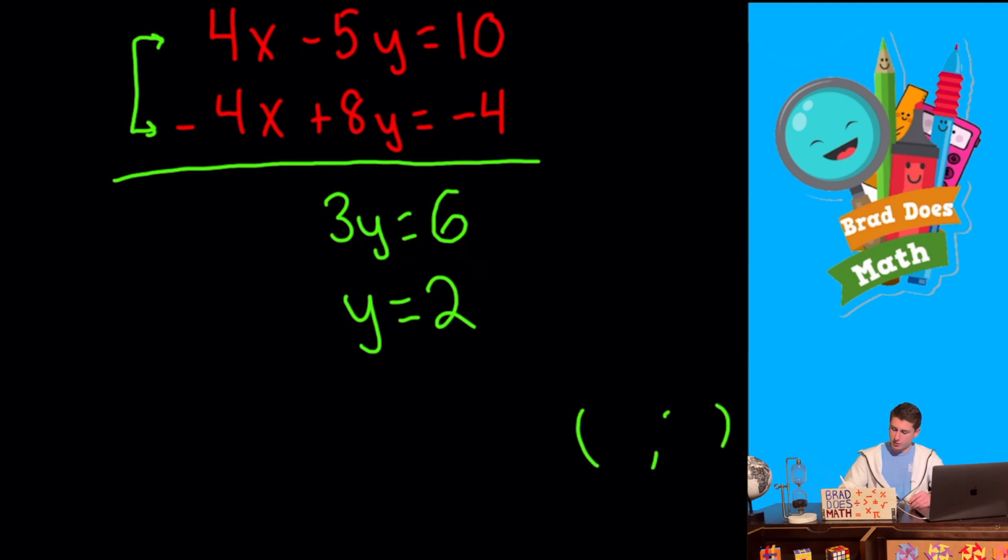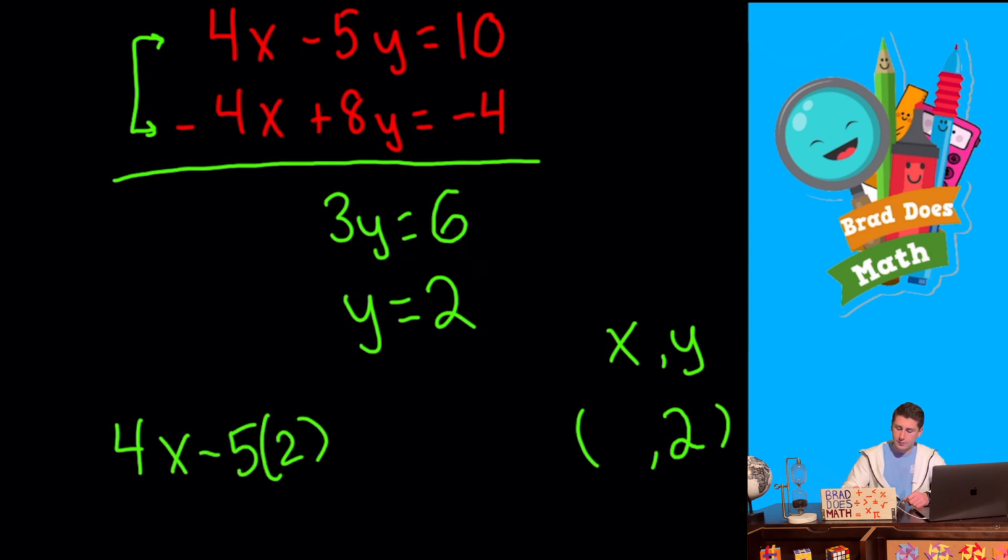Now, don't forget, 2 is always your second coordinate because it's y. So when you say your answer, you need to give an ordered pair, which is x comma y. So 2 is your y coordinate, and you can plug the y back into either equation to get the x coordinate. So 4x minus 5y, which we know is 2, equals 10.